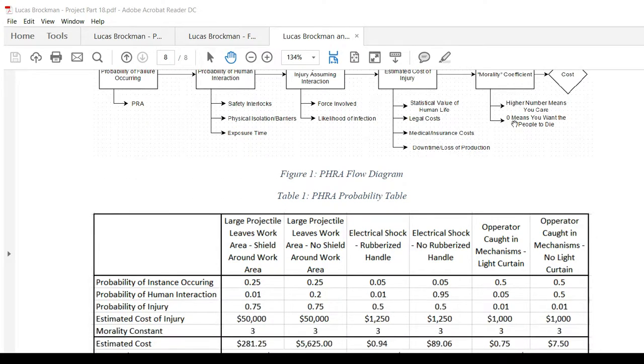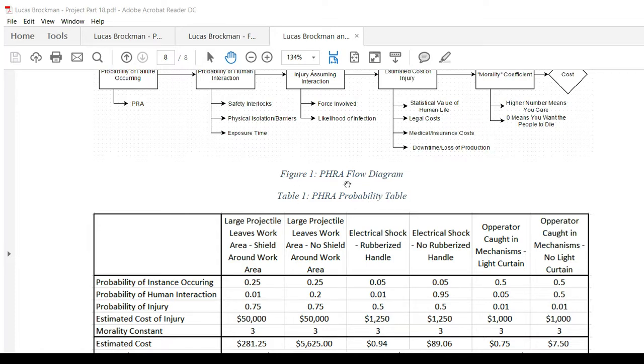So for the lathe subsystem, we identified 3 major safety interlocks that could potentially prevent humans from coming to harm. The first is a shield around the work area. This would prevent any of the material from coming out of the system, say if the tool breaks or a part gets released from the chuck, it would prevent that from interacting with the human.